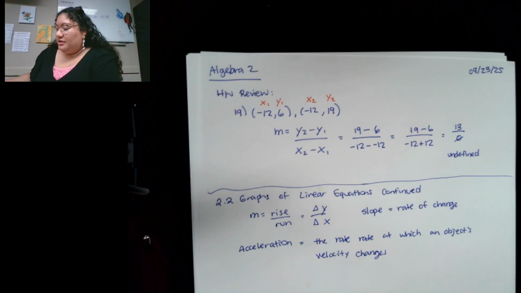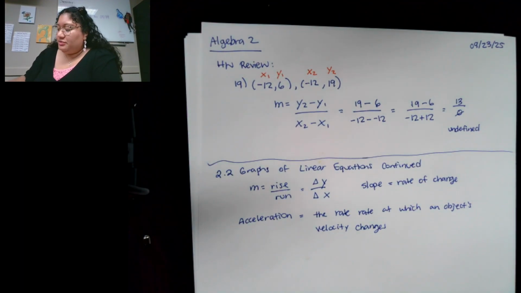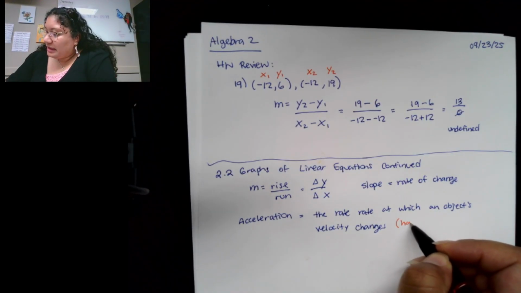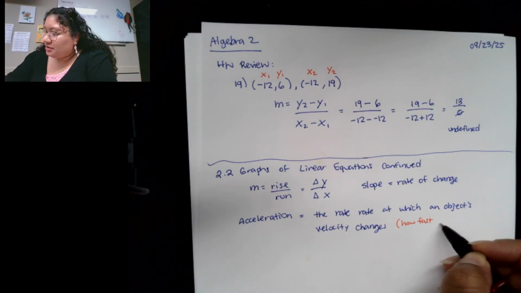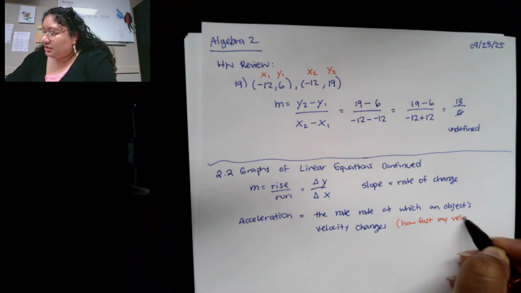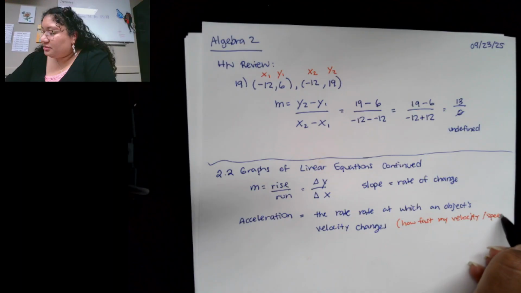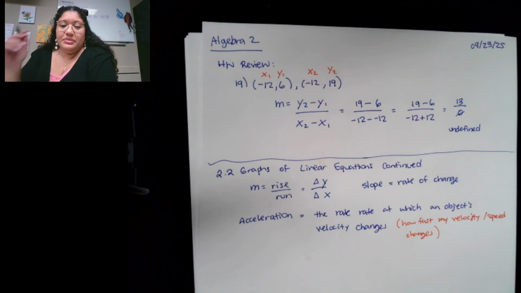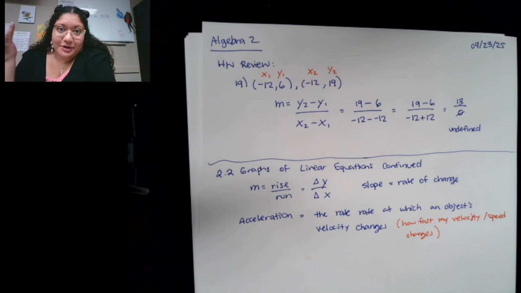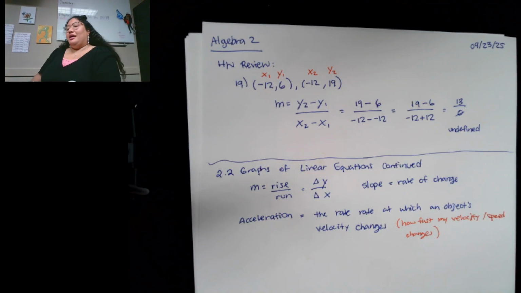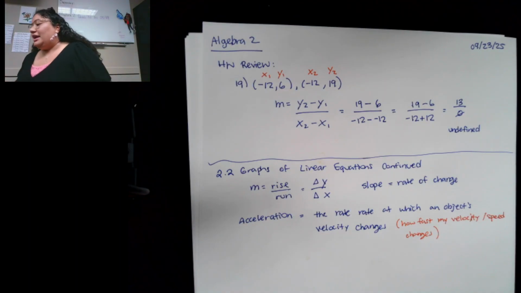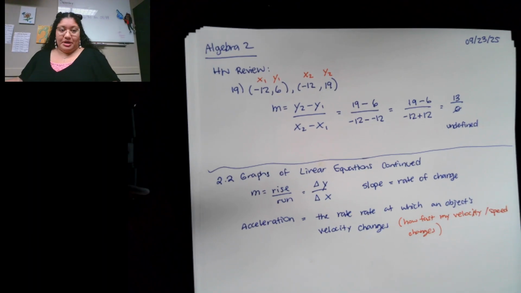So basically, in simpler terms, it is how fast my velocity slash speed changes. Okay. You may be thinking, why do I need to know this? Well, because, as you can probably guess, we have a nice word problem coming up.